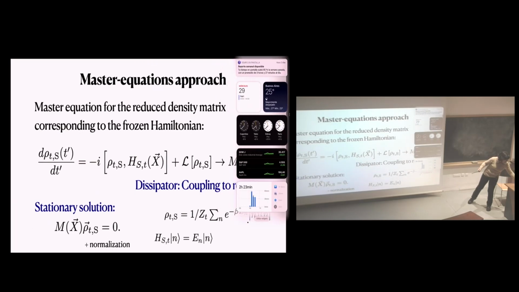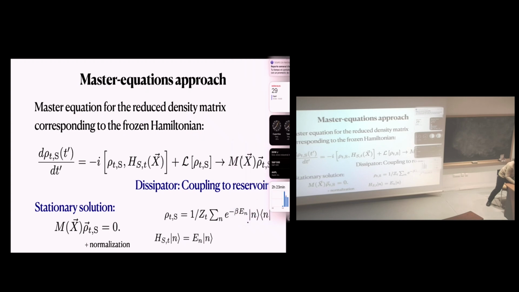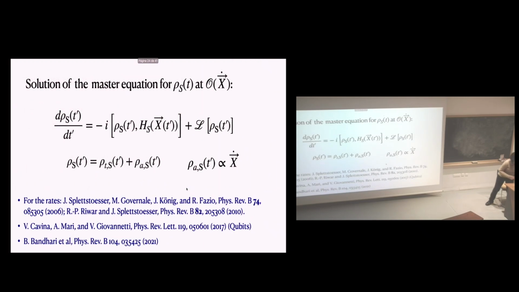But now let's also include this adiabatic correction, where our aim is to stop at something which is proportional to the velocities.